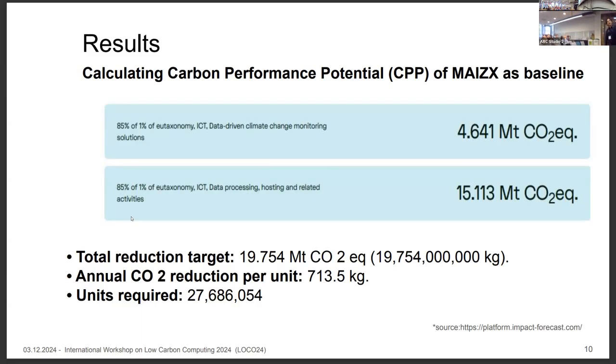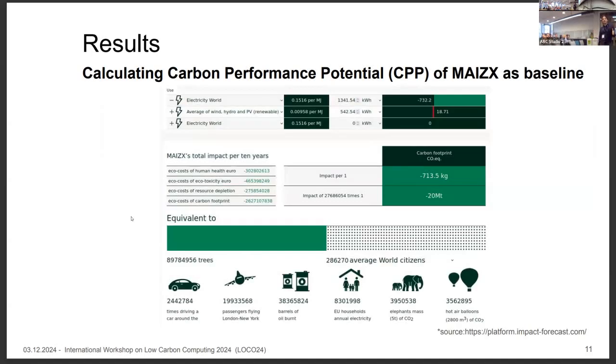If we shift 27 million computing loads using this approach, we can estimate removing the equivalent of 2.44 million cars from the earth.